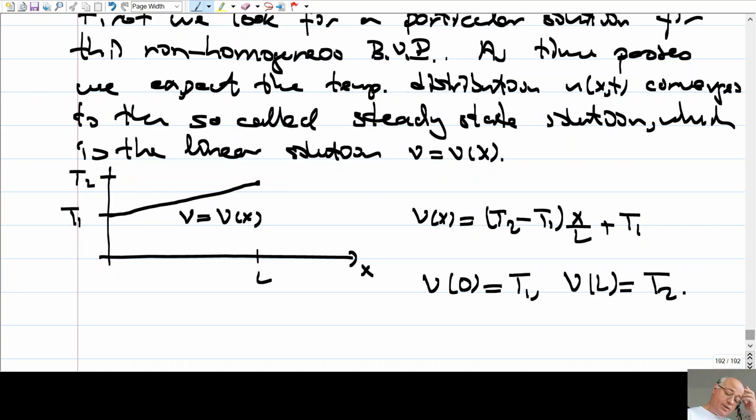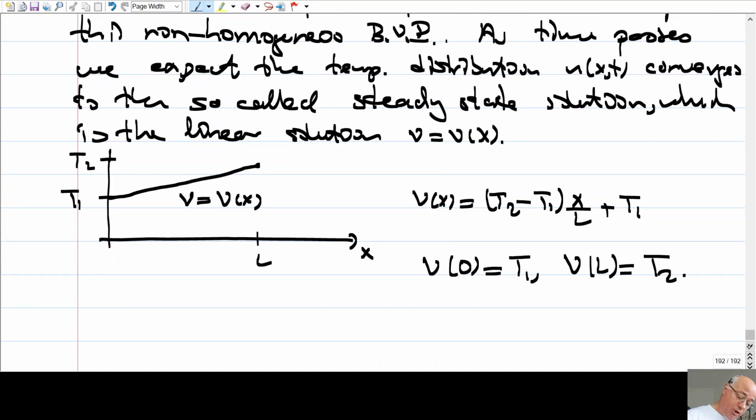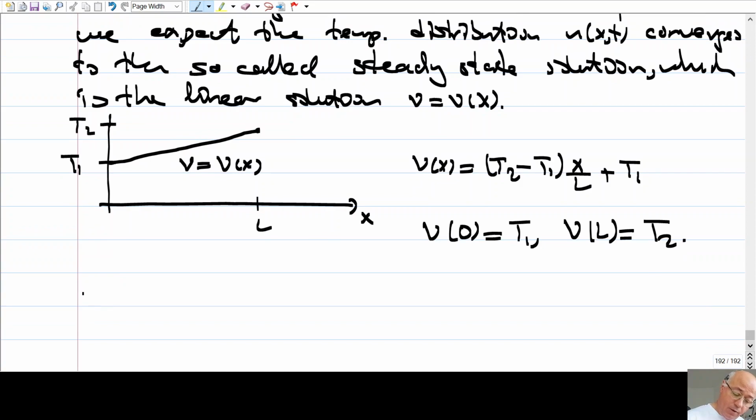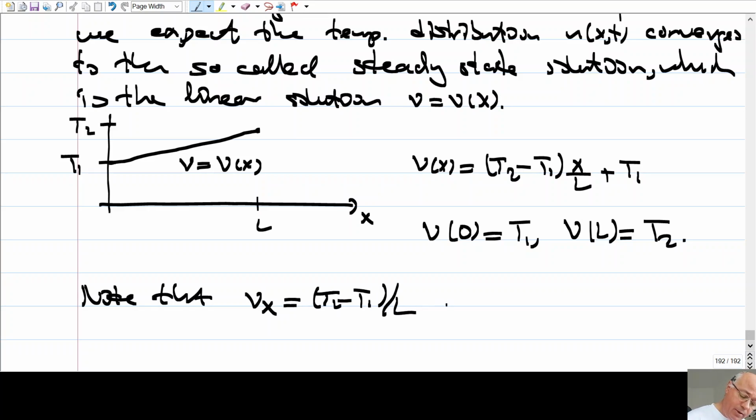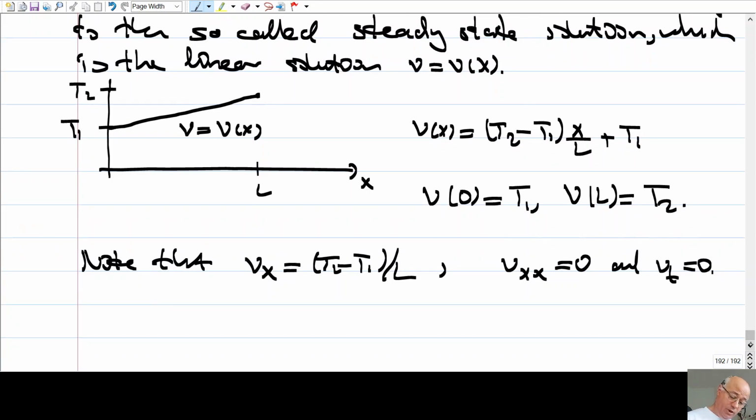Well, okay, this is nice, but is this a solution of the equation? Well, note that v sub x is just (t2 minus t1) over L, and v_xx is just 0, and v sub t is of course 0 because there is no t variable in this equation.